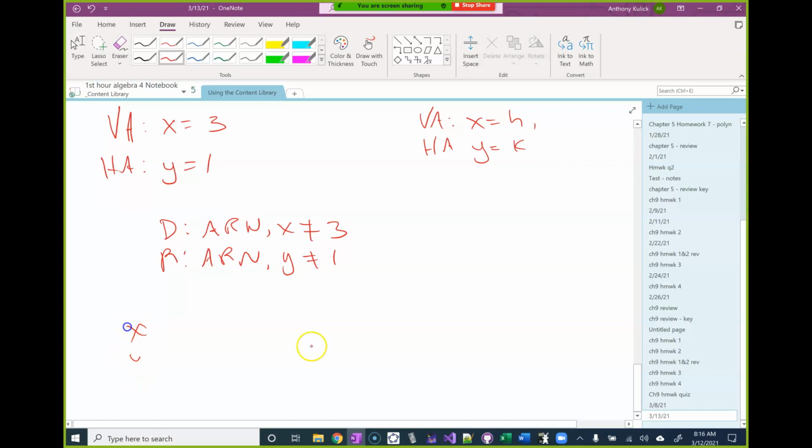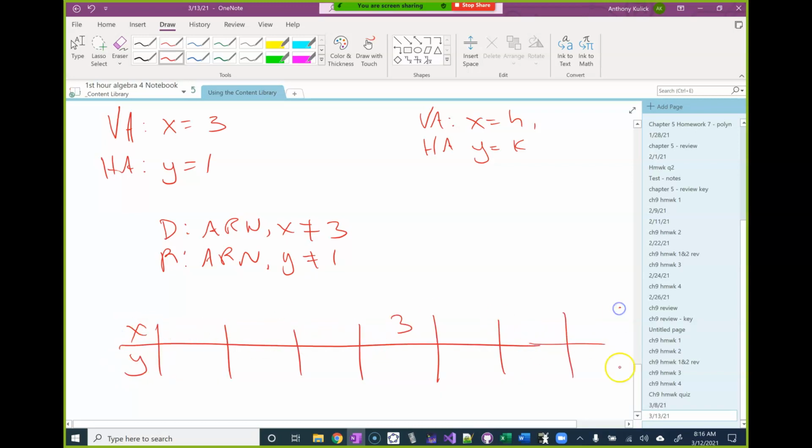So in our table, we need the vertical asymptote value, and then we'll pick 3 values less than the vertical asymptote and 3 values greater than it. Doesn't matter what they are. I usually pick whole numbers in a row because it's convenient.